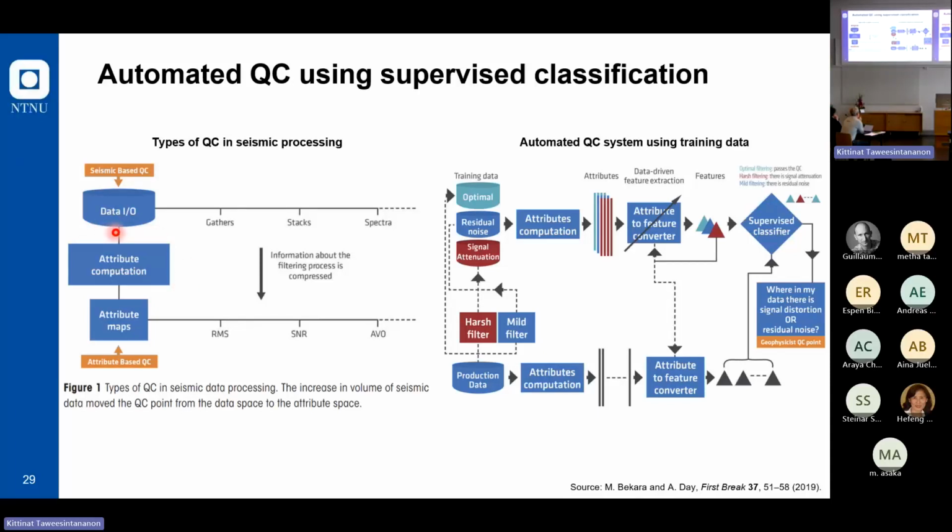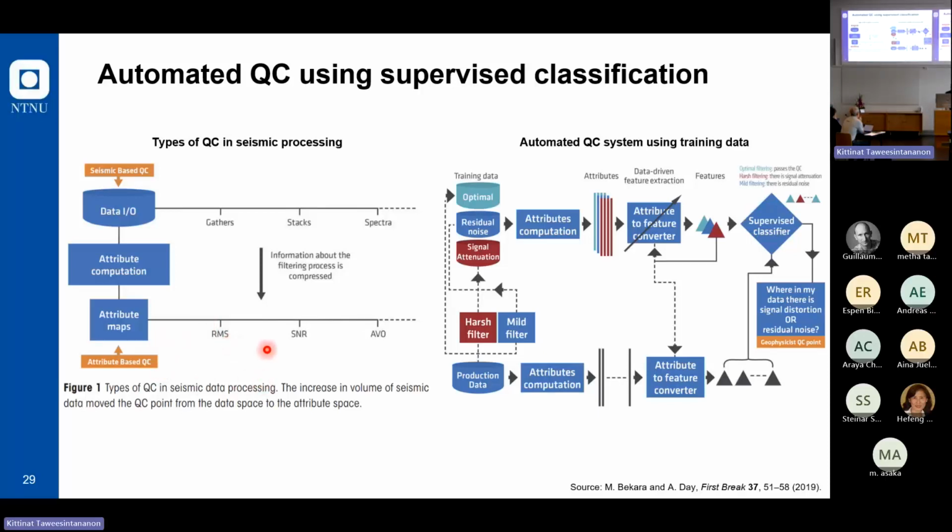We move from the data domain to the attribute domain. For example, one shot gather will return maybe just a 1D attribute. So we reduce a 2D shot gather display into just a 1D amplitude attribute, and that reduces the time and effort we need to QC the data.